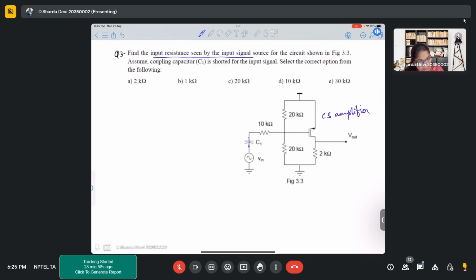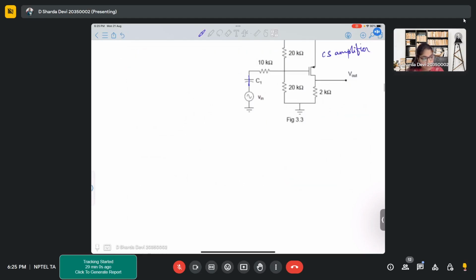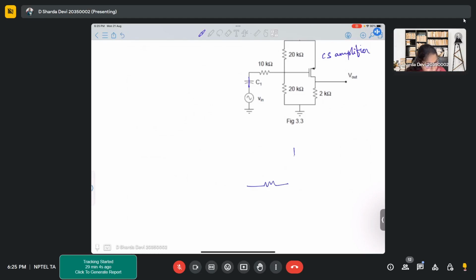The input resistance seen by the input signal source. How does the input signal source with the resistors look like? Vin, 10K, 20K, 20K.